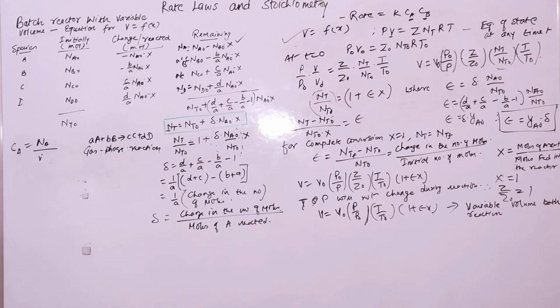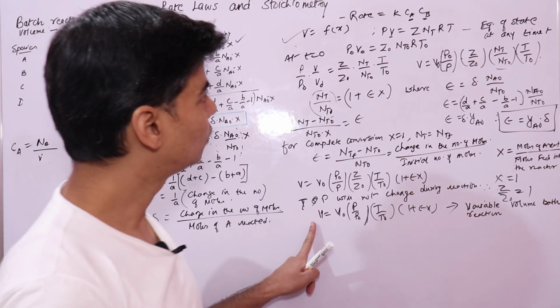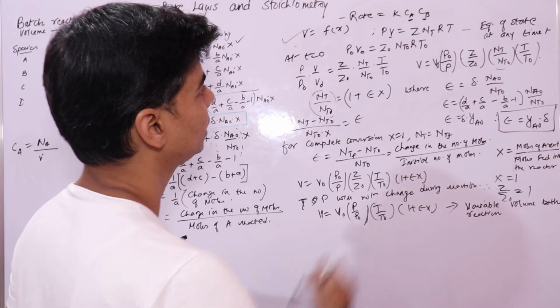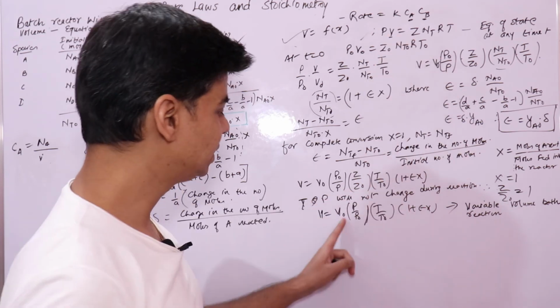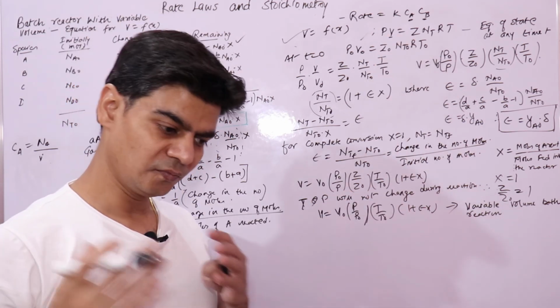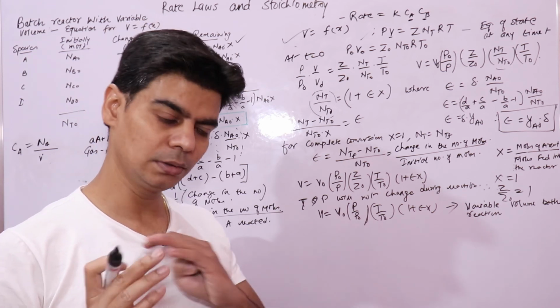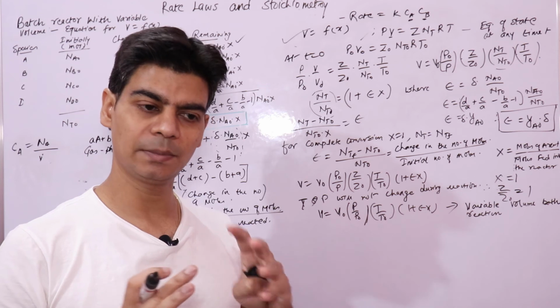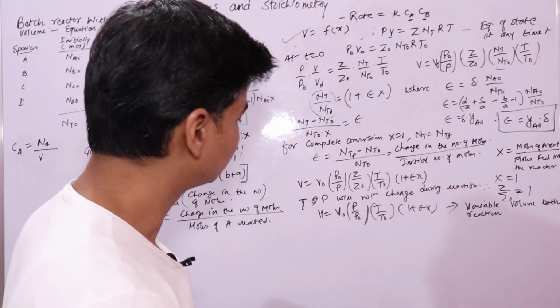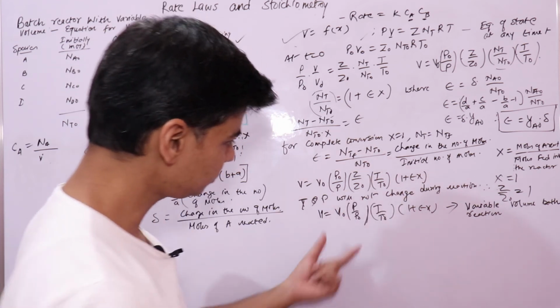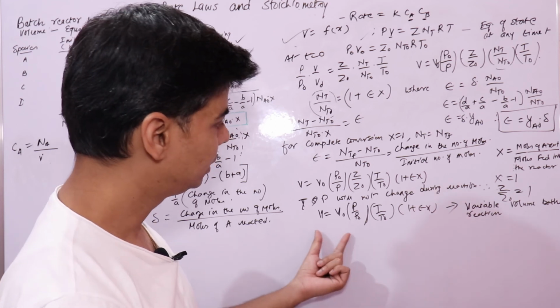So V is the volume at any time t from this equation, and V0 is the volume at the initial stage, when the reactants were fed into the reactor, right?